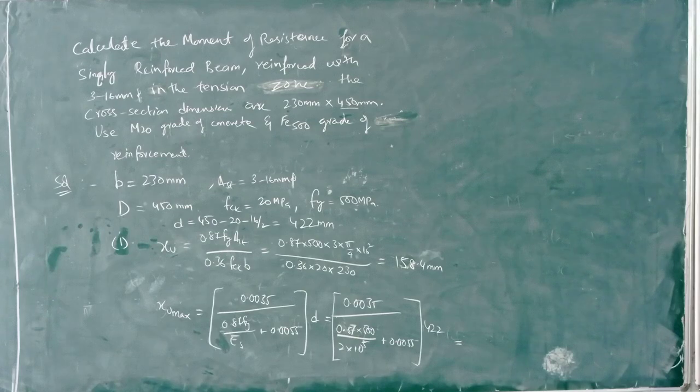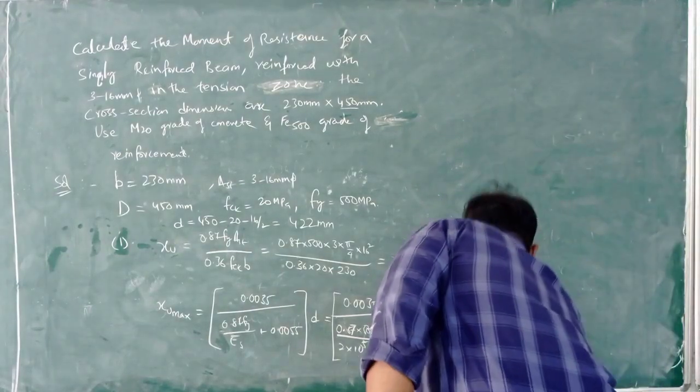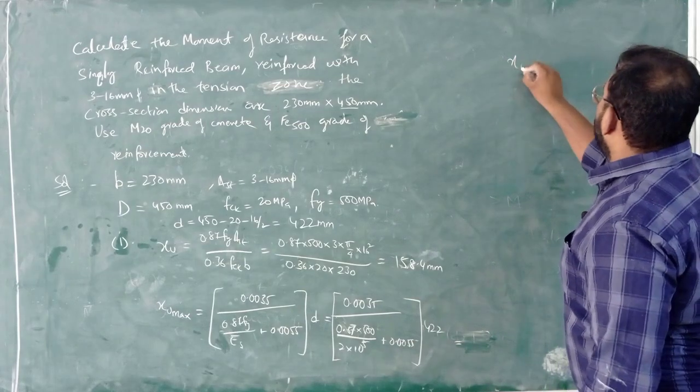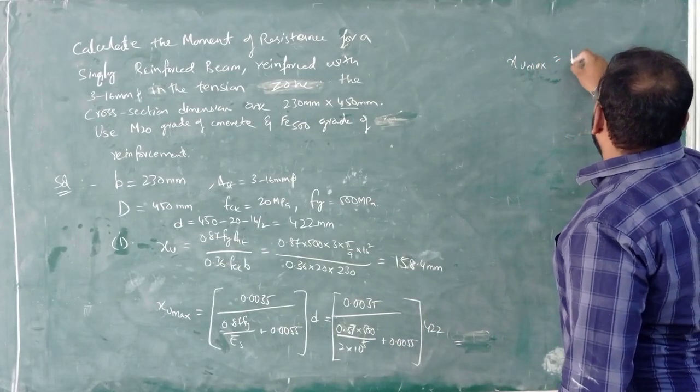So now substitute in this formula: 0.0035 whole divided by 0.87 multiplied by 500 divided by 2 into 10 to the power of 5, Young's modulus of reinforcement, plus 0.0055, multiplied by 422.